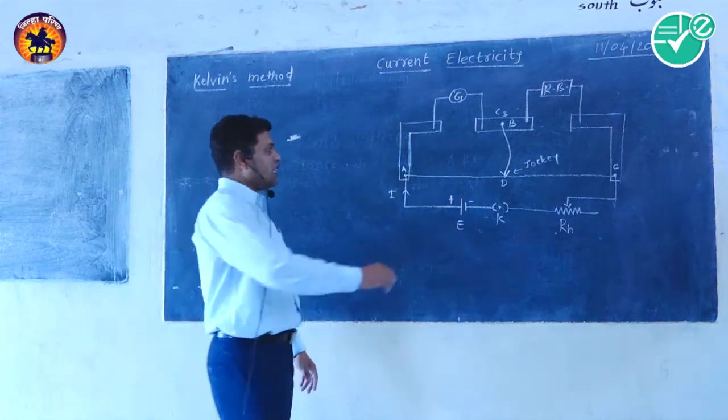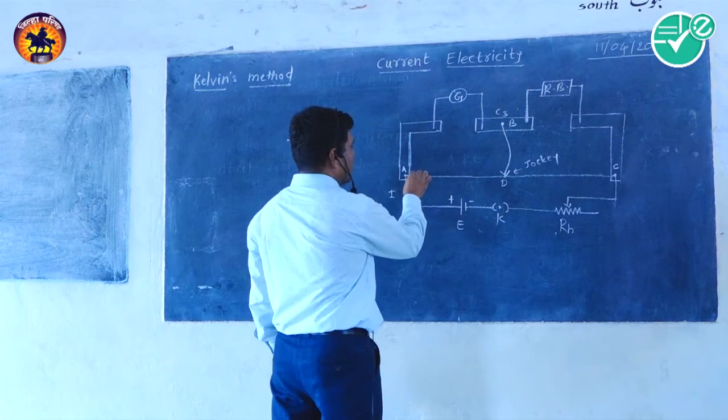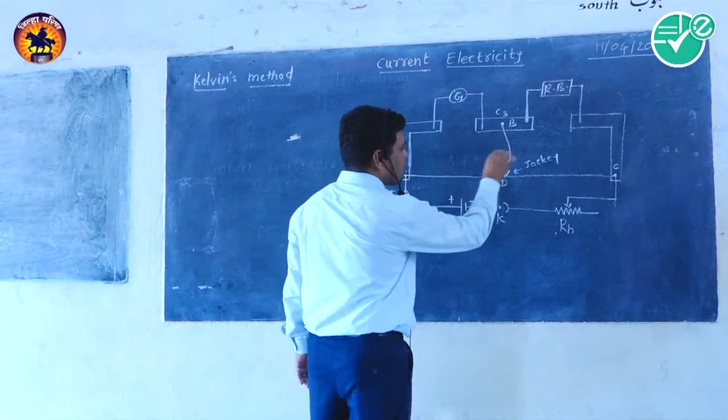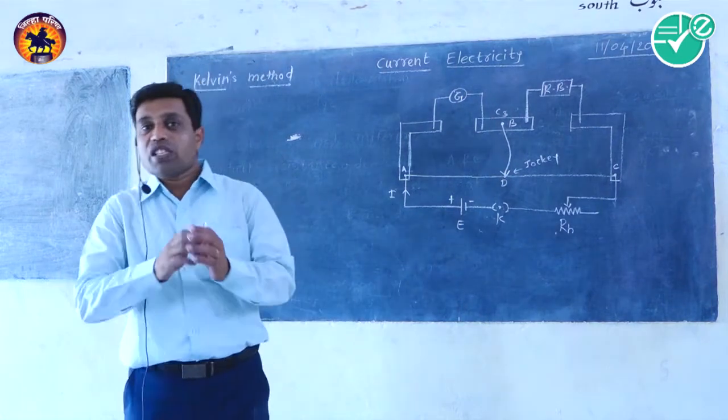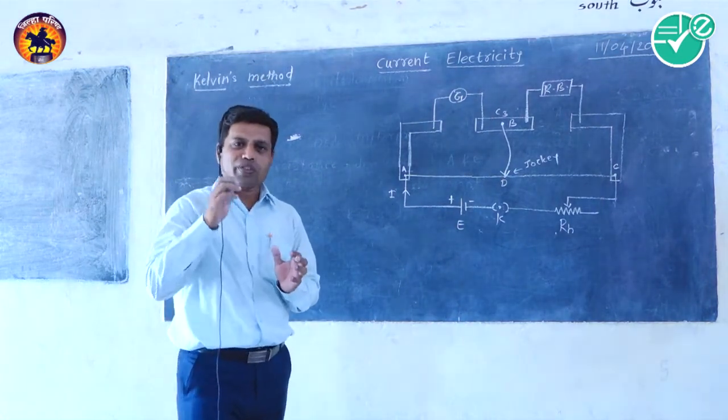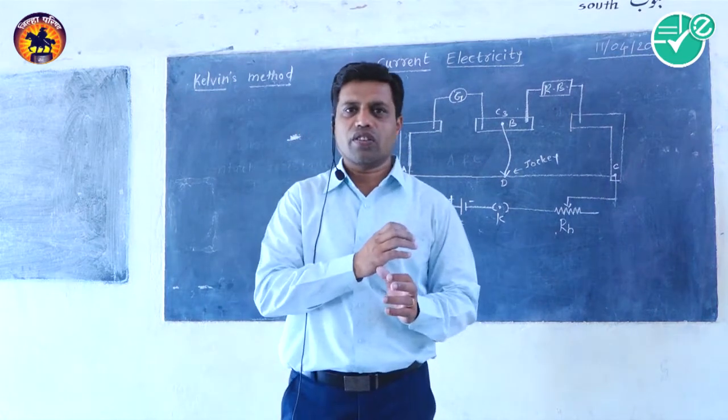Now, slightly tap the jockey at point A and it will move towards point C, and after some time you will see that the galvanometer shows the same deflection.